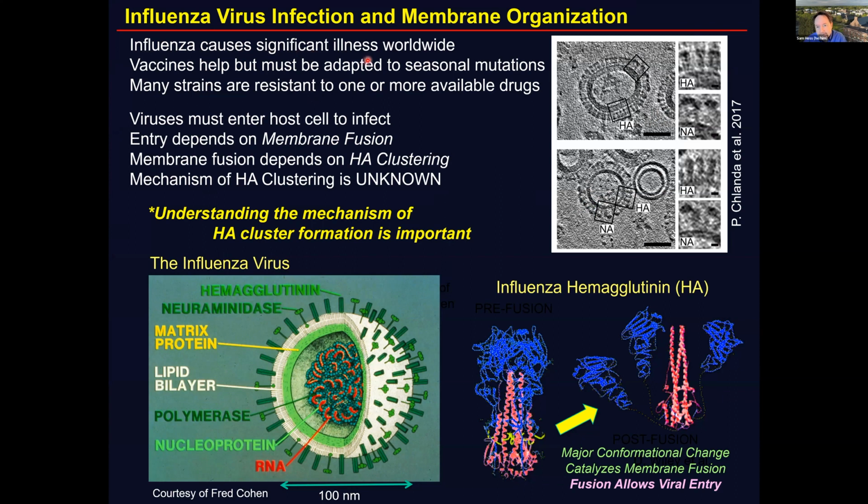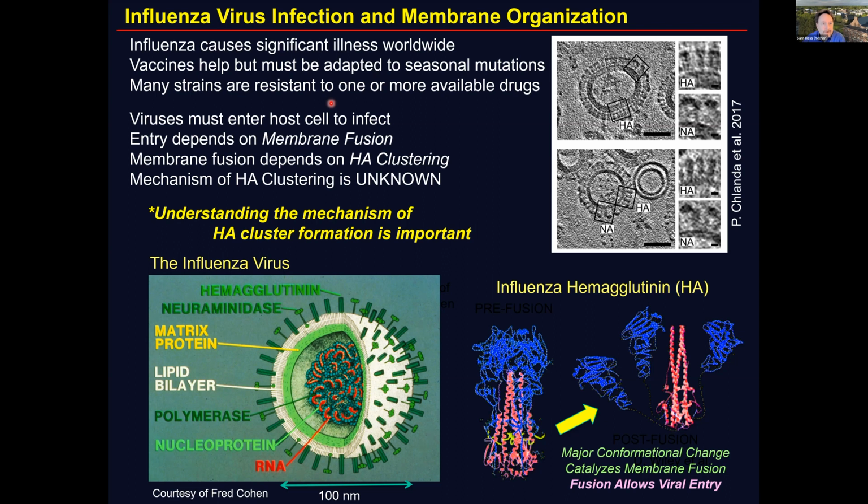a significant trouble in the world, and of course connects with other respiratory viruses as well, SARS-CoV-2, for example. We have good vaccines, but because of mutations, the vaccines need to be updated quite frequently.